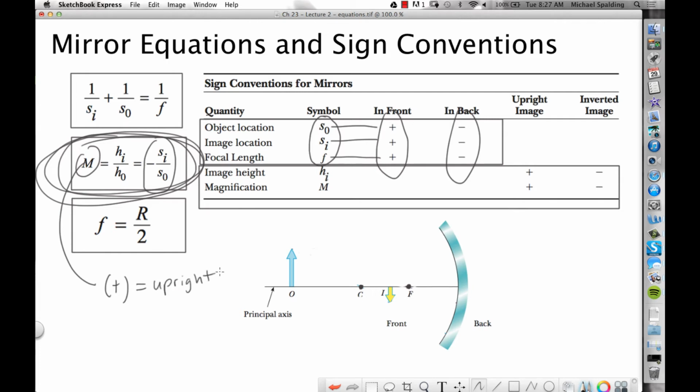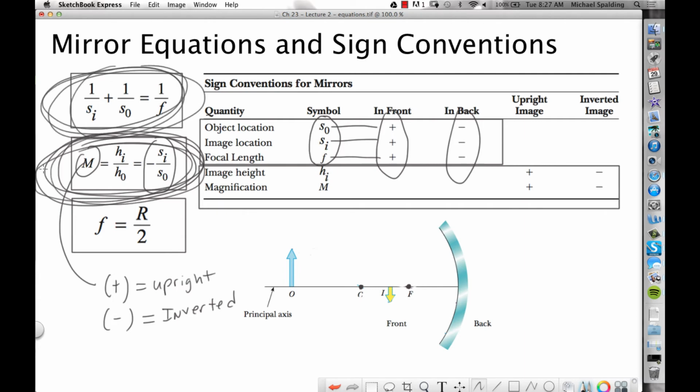It's upright. The College Board uses the term erect, but we'll just say upright. If you're using this calculation and m comes out minus, what does that tell you? The image will be inverted. It'll be upside down.